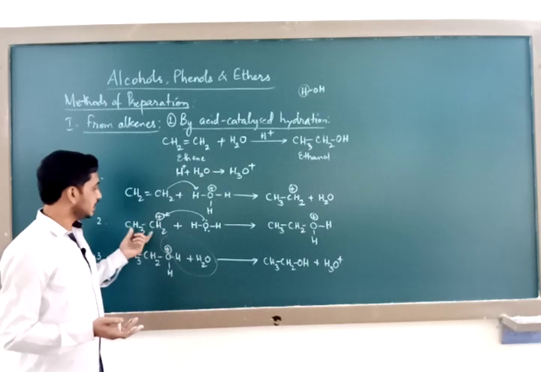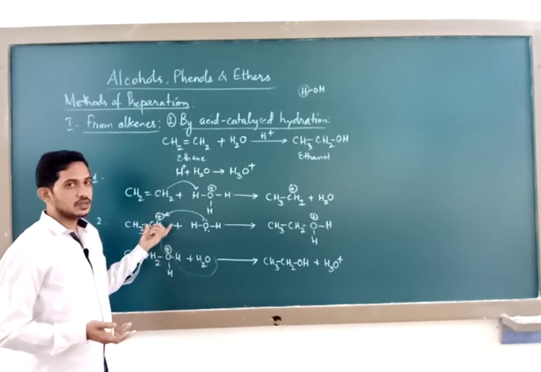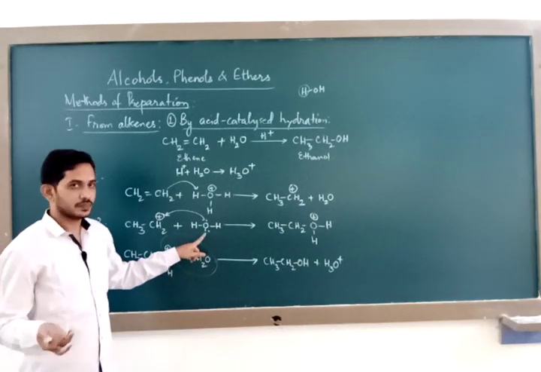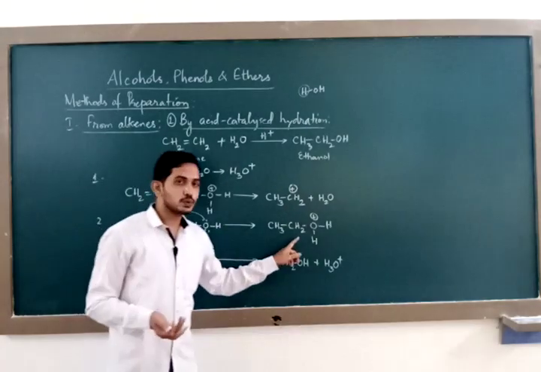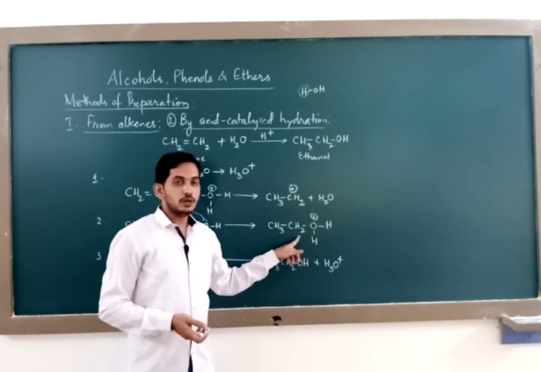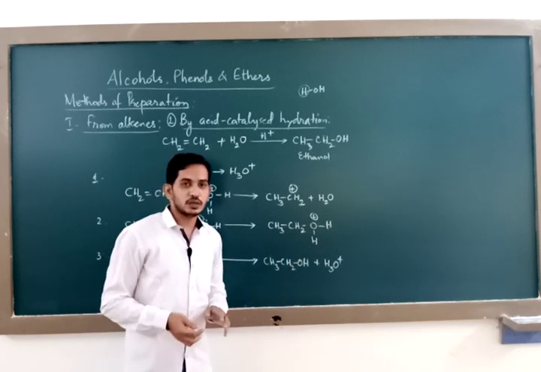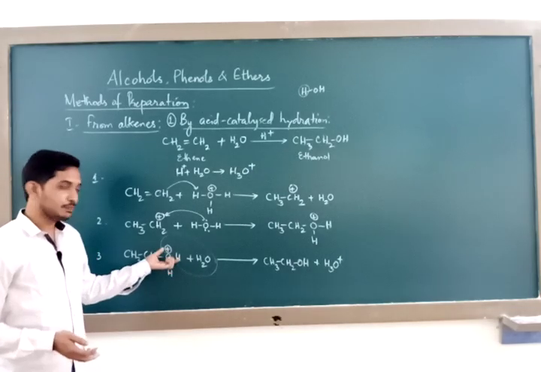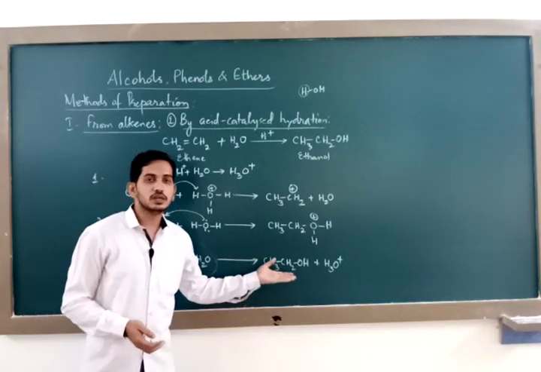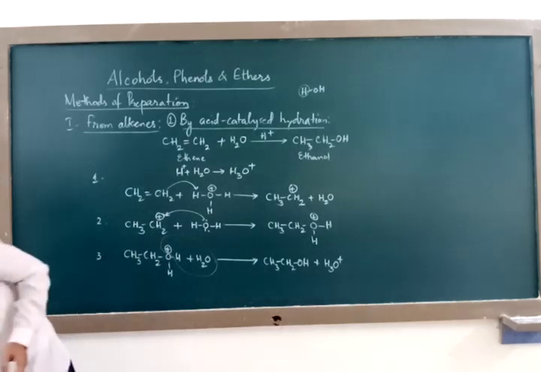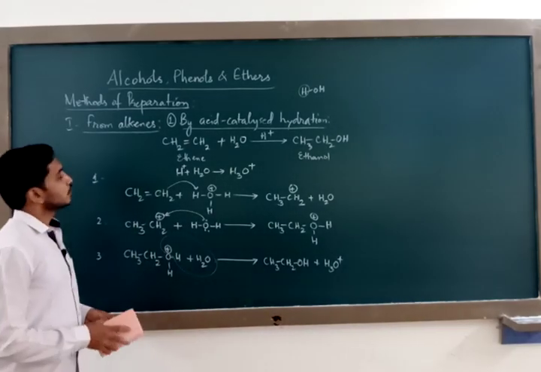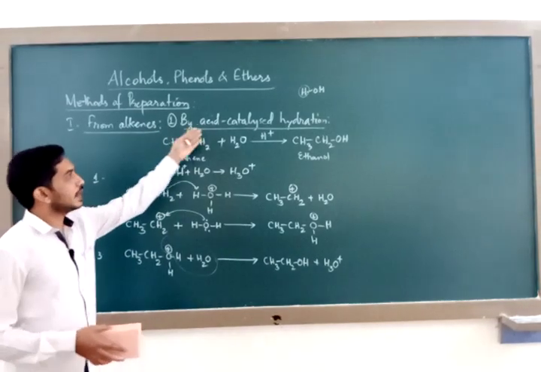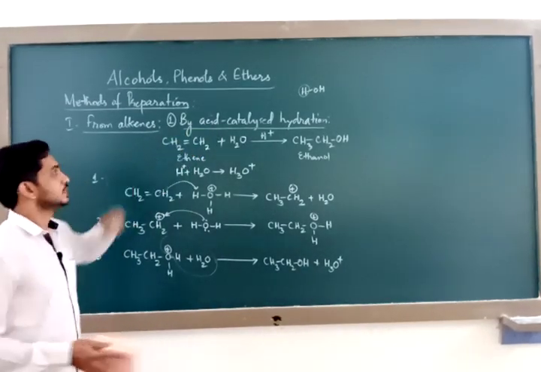In the second step, the ethyl carbocation is attacked by a nucleophile, that is water. As a result, you will get protonated ethanol. In order to remove a proton from ethanol, you take another molecule of water which will eliminate one proton, giving you the final product ethanol. This is your first method of preparation of alcohols by using alkenes and by acid catalyzed hydration.